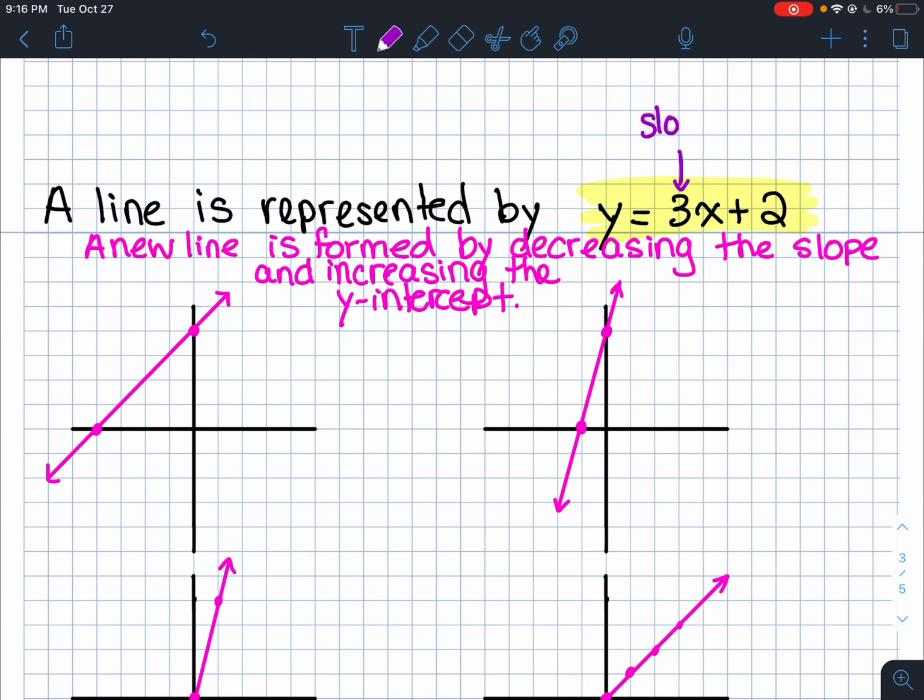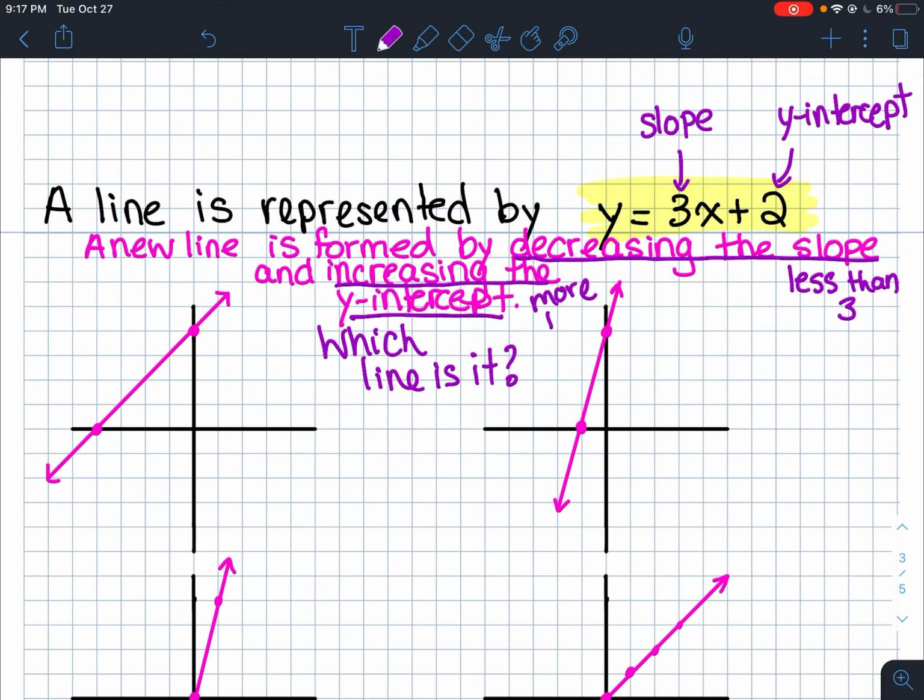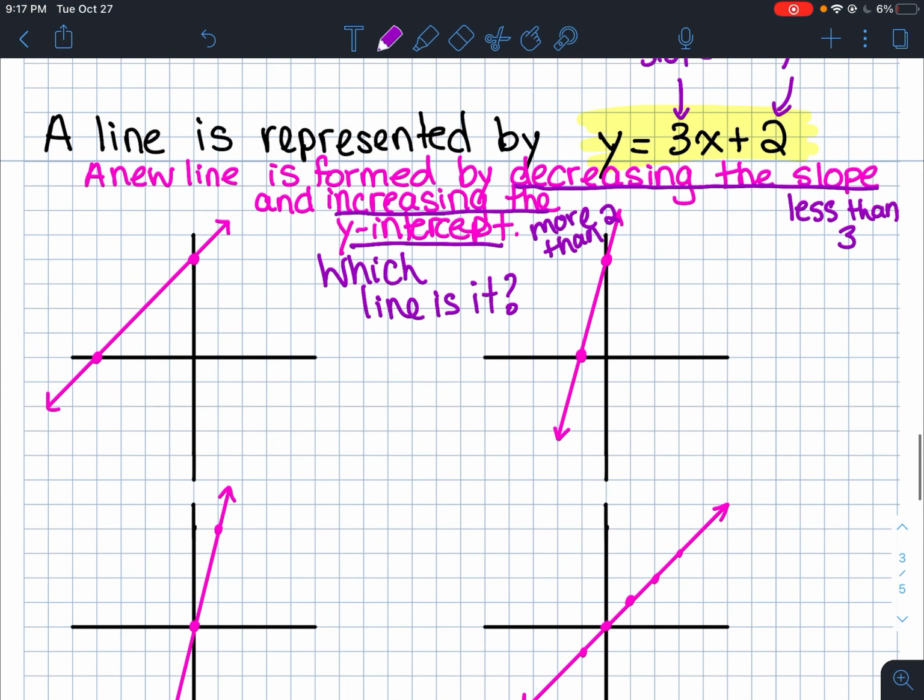Okay, cool. This is a weird question. It says our new line is formed by decreasing the slope, so our slope has to be less than 3. That's what we're looking for. And increasing the y-intercept, so that means our y-intercept has to be more than 2. Let's see if we can eliminate any. I'm thinking the y-intercept is the easiest.